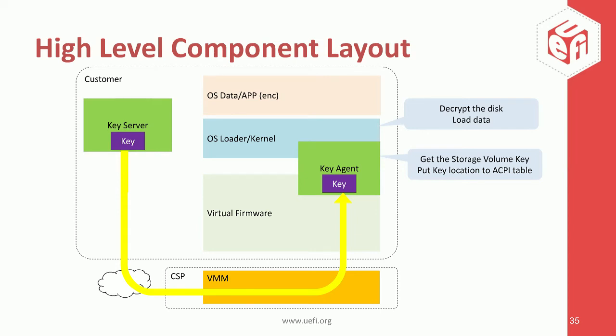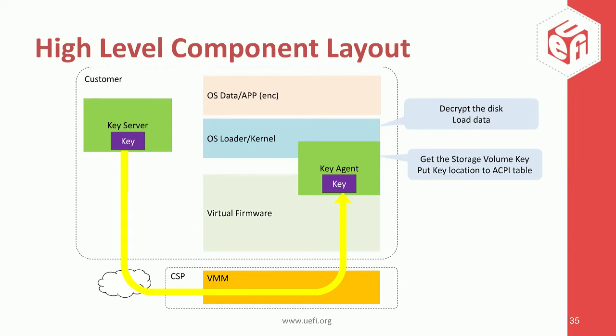Then the OS loader or kernel can decrypt the disk and load the data from the disk. The key agent driver could be a special driver in TDVF, or it could be integrated in the OS loader, OS kernel, or even an OS device driver, based upon the use case.